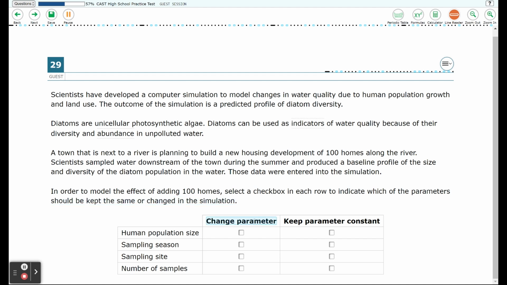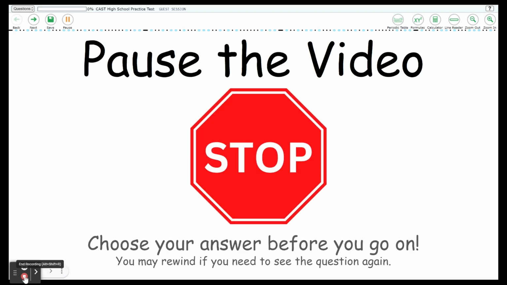So you're either going to mark change parameter or keep parameter constant for human population size, sampling season, sampling site, or number of samples. Go ahead and pause the video and think about your choices and make them now.